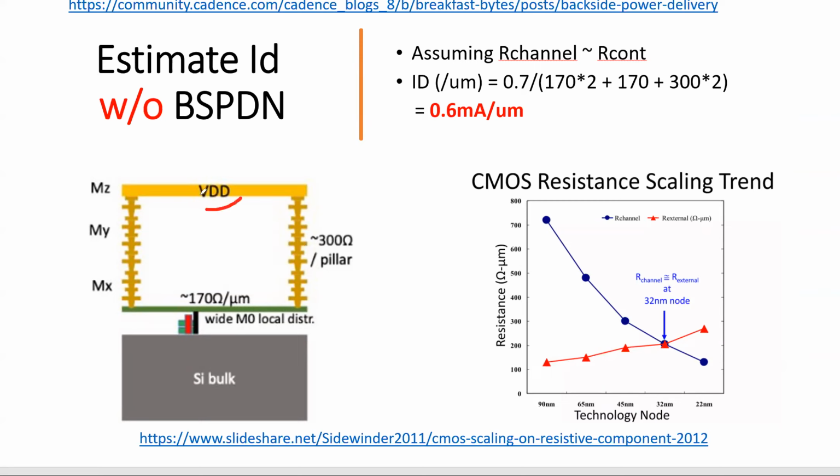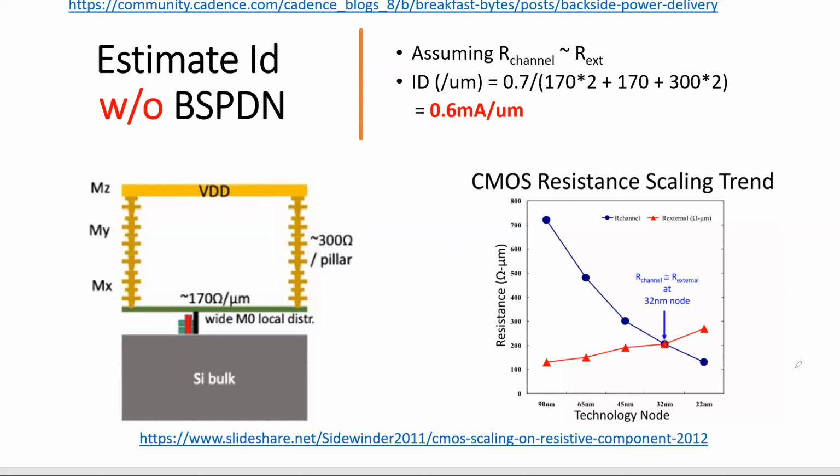Here's your VDD. VDD is 0.7 volts, okay? So let's keep that in mind. Let's look at the graph on the bottom right. You can see that at the 32 nanometer node, your channel resistance is about the same as external.